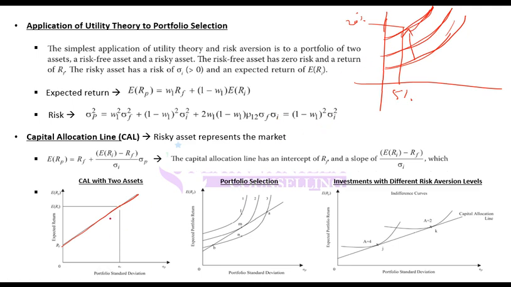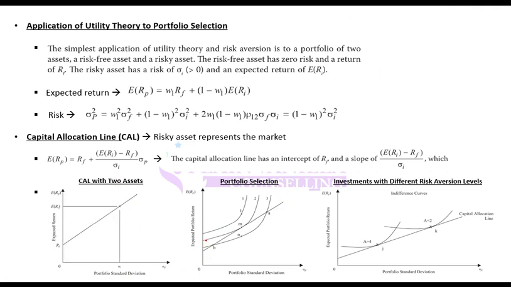So that means the maximum an investor can achieve is CAL. An investor would want to go to higher and higher indifference curves, but he would go to an indifference curve only as high as CAL. So the investor would invest at a point where CAL becomes tangential to the indifference curve. Why?